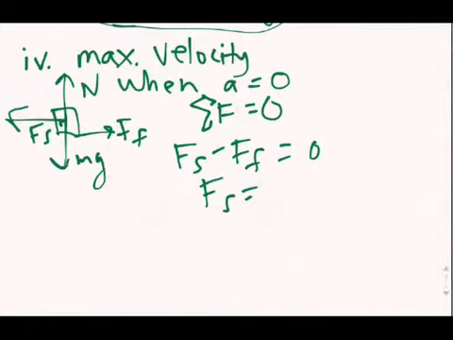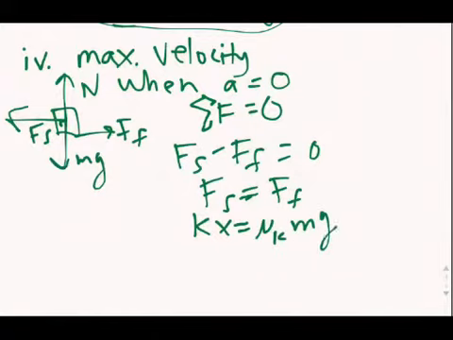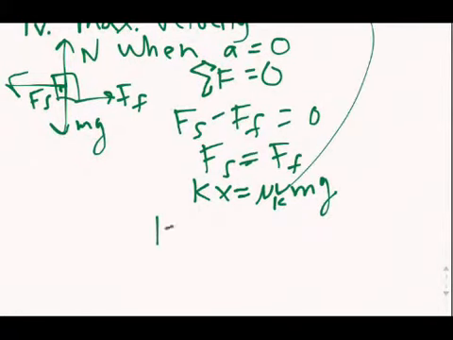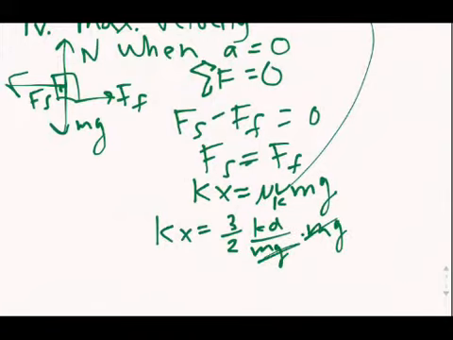So your spring force just equals your force of friction. So spring force is Kx, and force of friction is mu mg. We just solved for mu. So we get Kx equals 3/2 kd over mg times mg. These cancel, the k's cancel, and you get that the distance is 3/2 d.